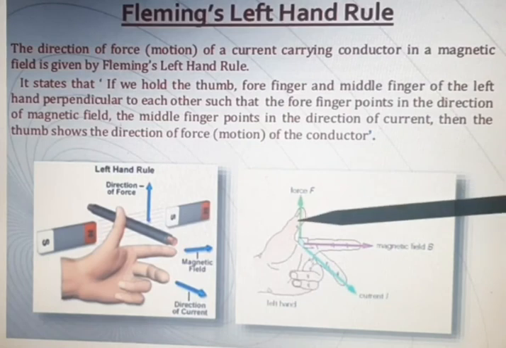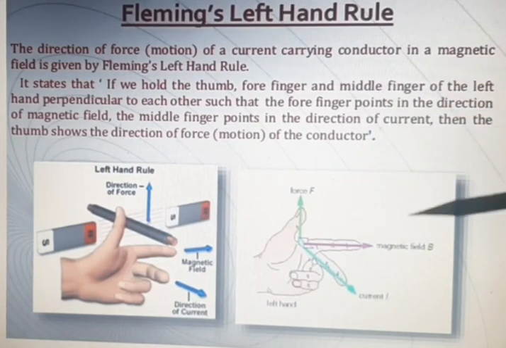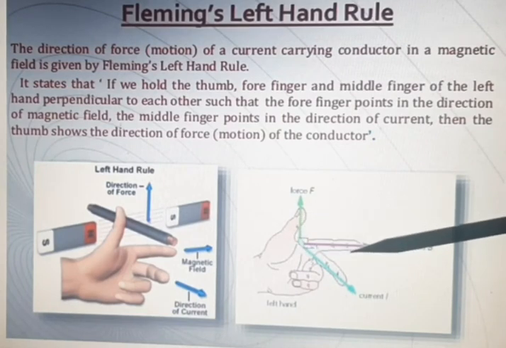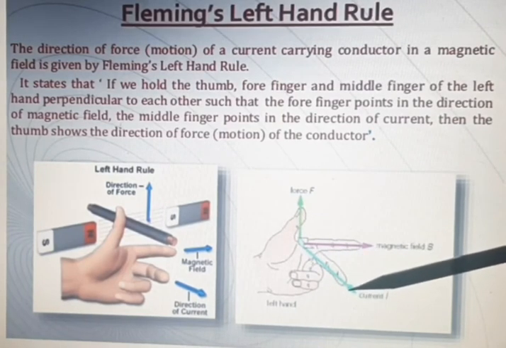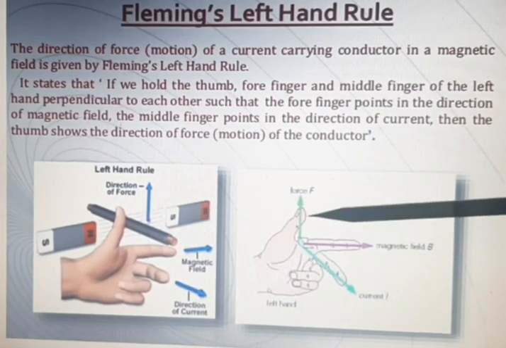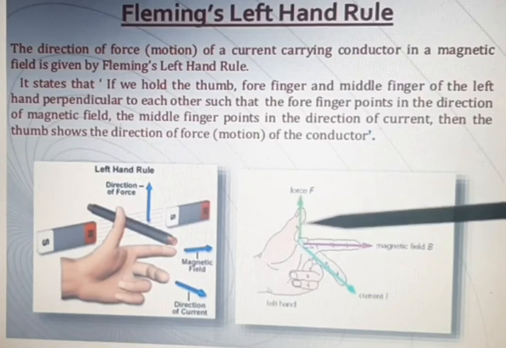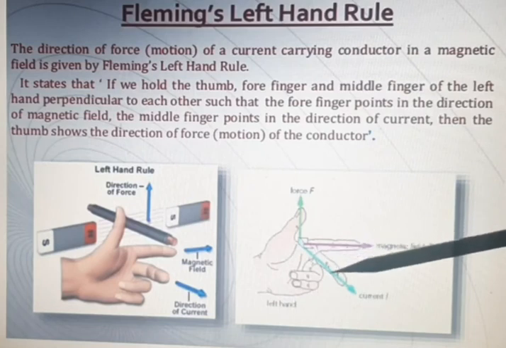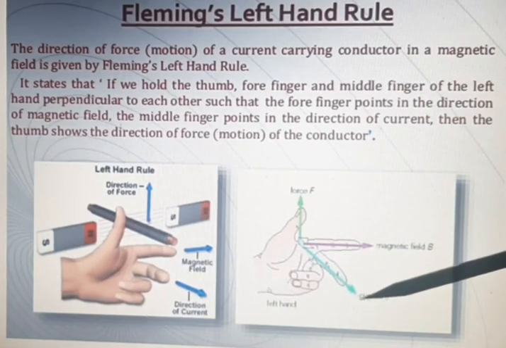Here we can see a picture of our left hand. If we stretch our thumb, index finger, and middle finger in mutually perpendicular directions, then the thumb will represent the force, the index finger will represent the magnetic field, and our middle finger will give us the current.